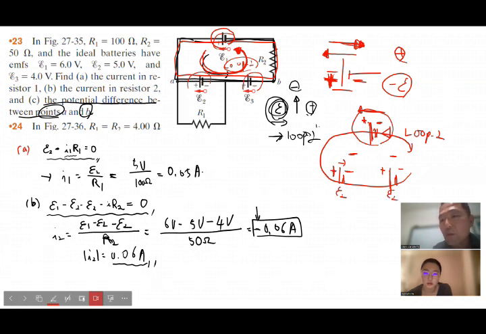So that should come with E2 plus E3. But take a look at E1. That's the loop in the opposite direction. So the battery is set up with plus to minus, opposite direction to the loop. So that should come with minus E1. So that should be minus E1 plus E2 plus E3.